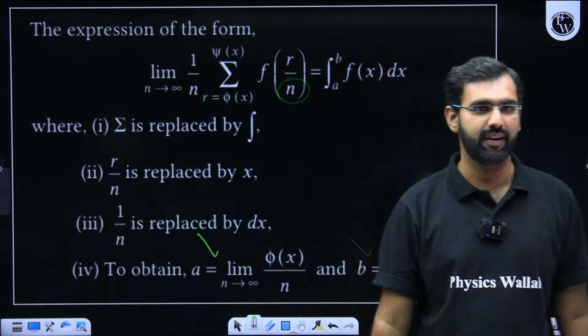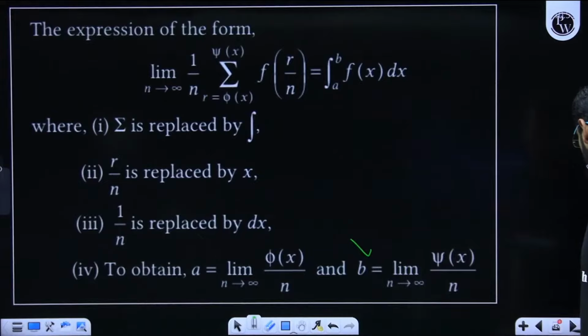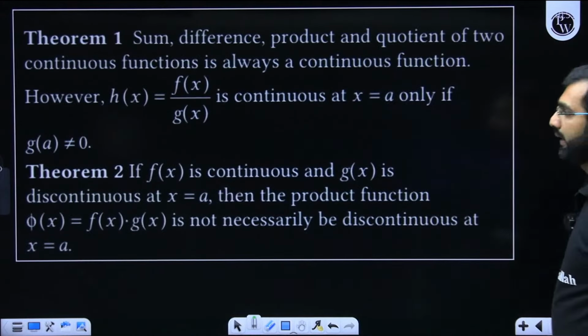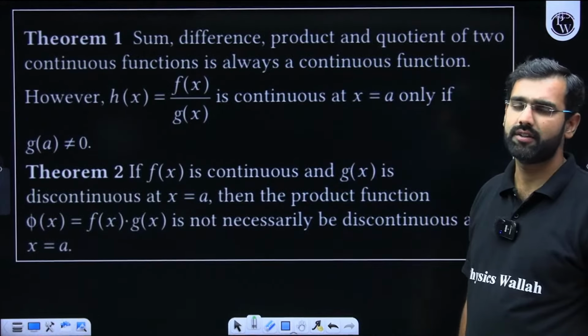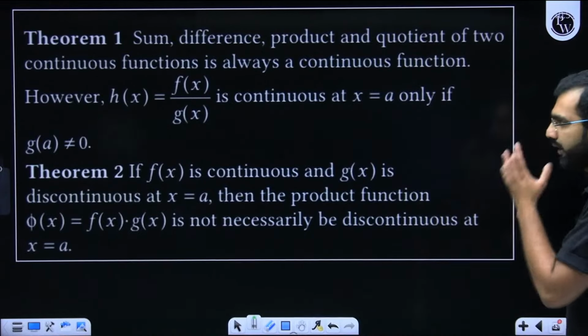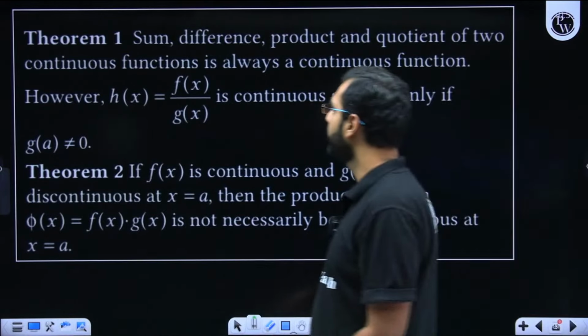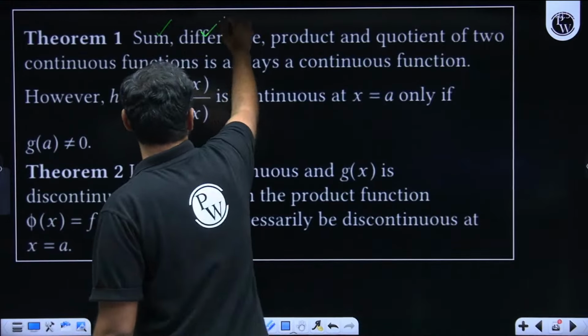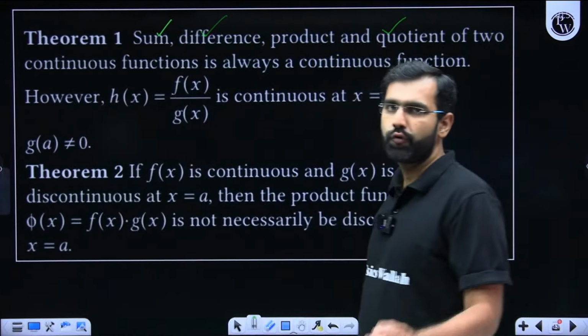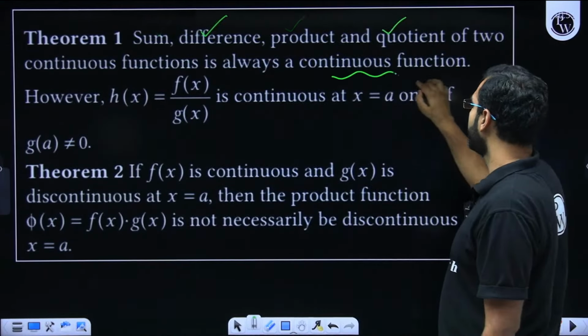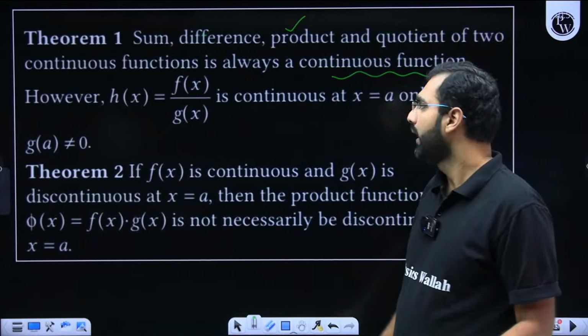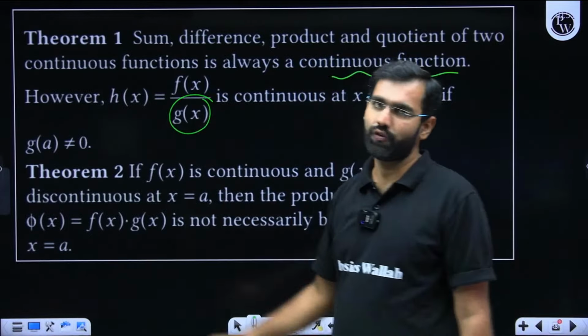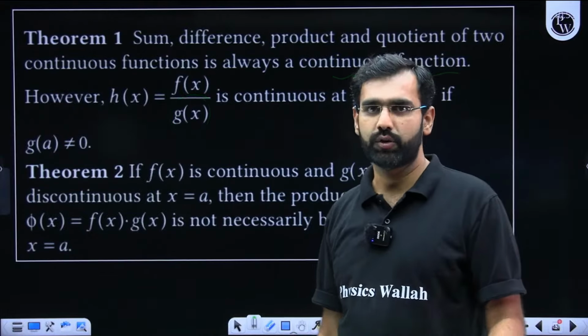Everybody listening and understanding? Now here, when I move ahead, what do I see? Yes, these are some standard results related to continuity. You have to remember them. What are they? The sum, difference, product, and quotient of two continuous functions is always a continuous function. Please remember that. Given that in division, g(x) should not be 0 at those values of x.